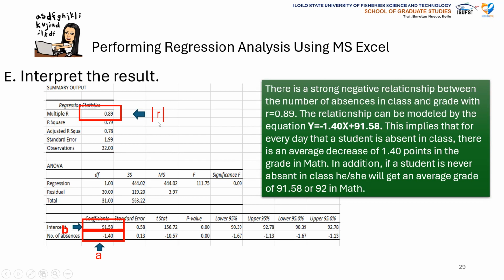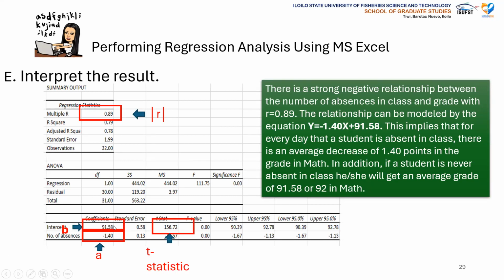Actually, multiple R is an absolute value. But if you run or use SPSS, it will show you that your R is actually negative.